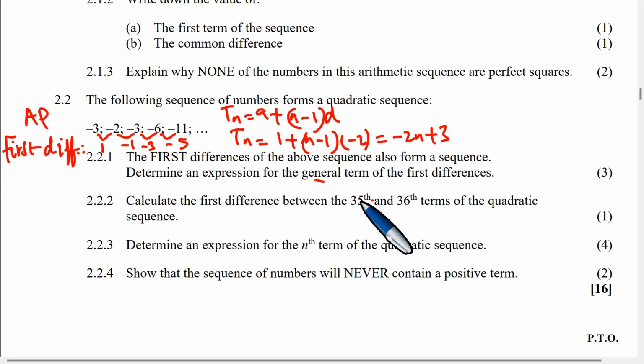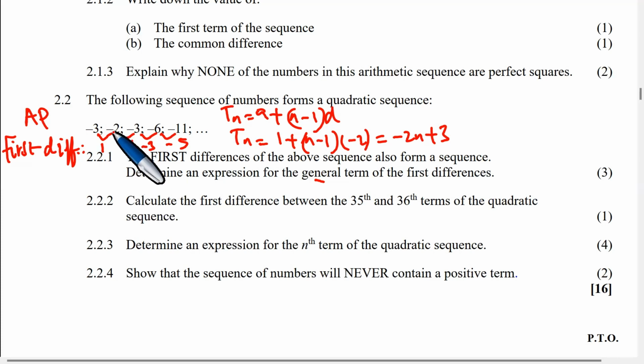Between the 35th and 36th terms of the quadratic sequence, what is the first difference? Between the first and the second, the first difference is 1.